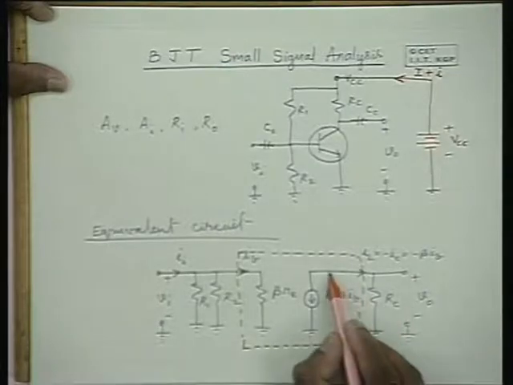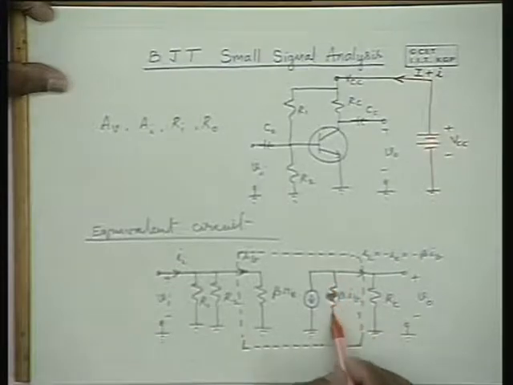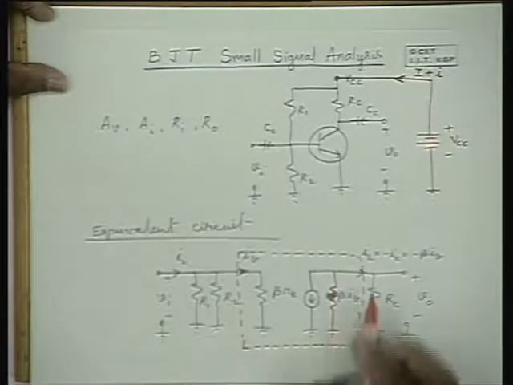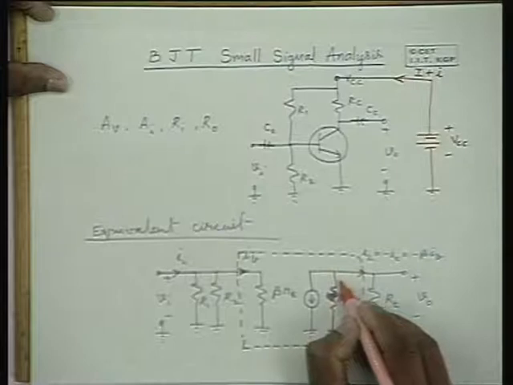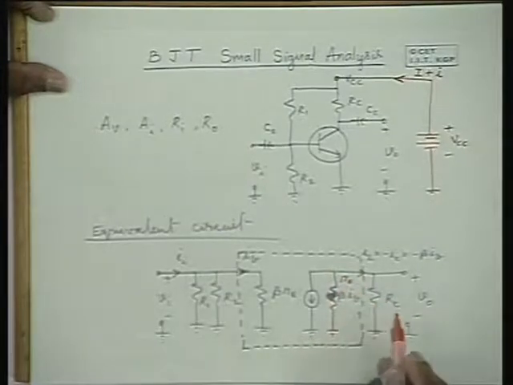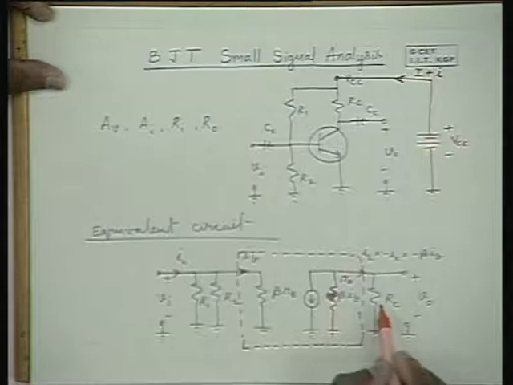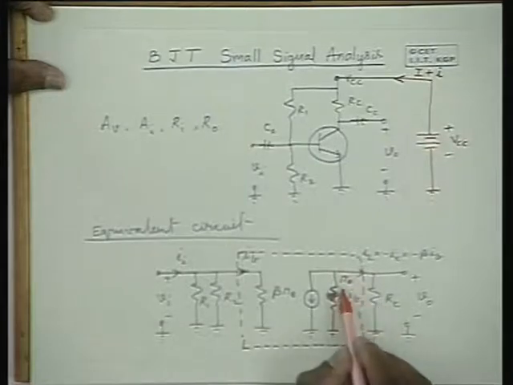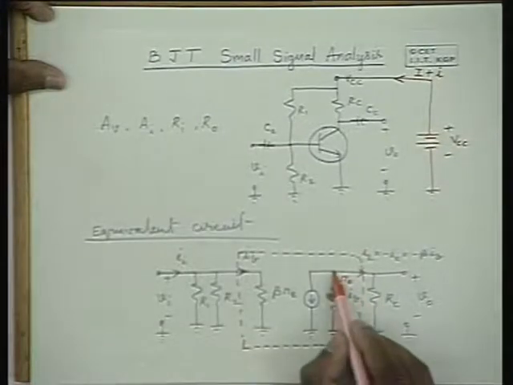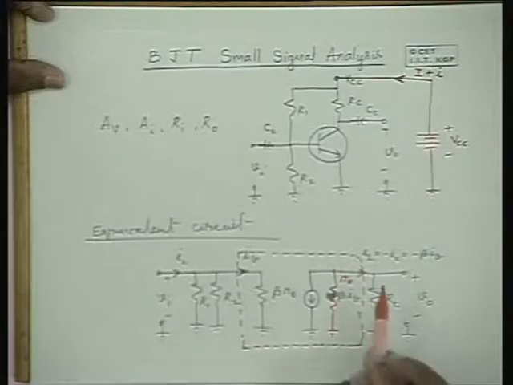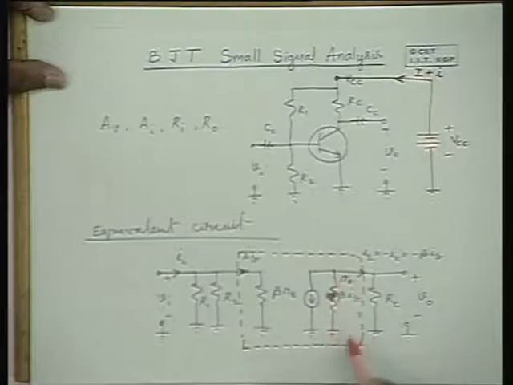And if you want to improve the accuracy, you have to introduce the output resistance of the transistor, r0, over here. Well, when RC is much smaller than r0, we can neglect the effect of r0. Otherwise, for a more accurate analysis, r0 has to be introduced here.